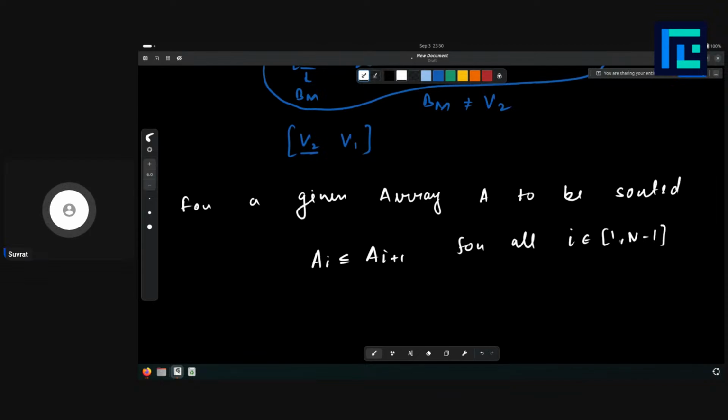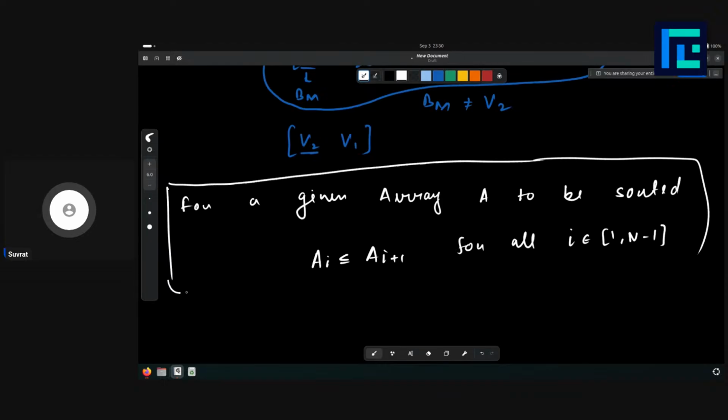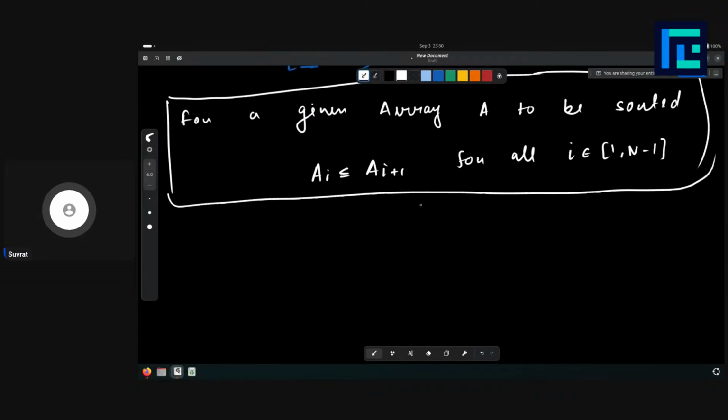Right. So for arrays that follow this property, we can say that the answer is minus 1, right? We found this out above. So let's take the array which does not follow this property at some index i.